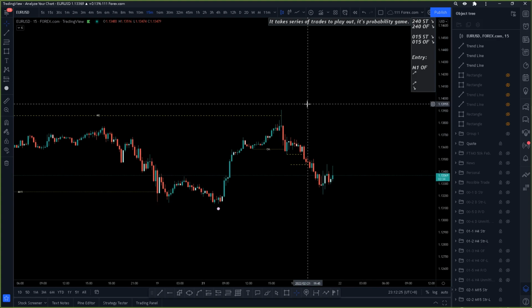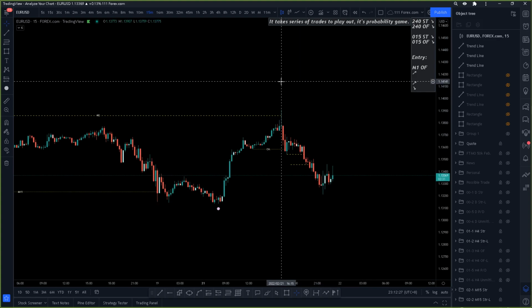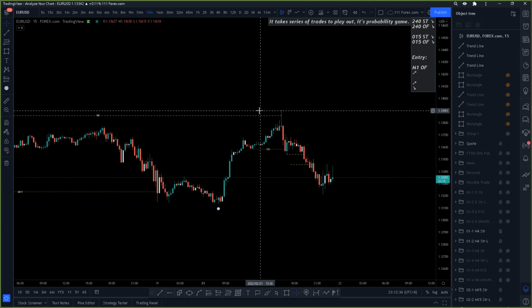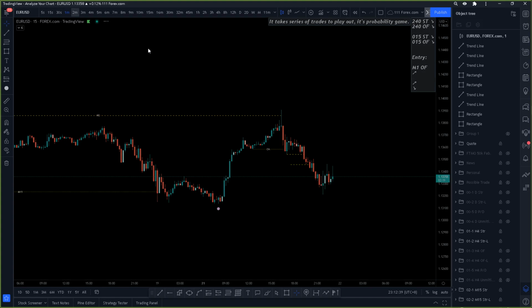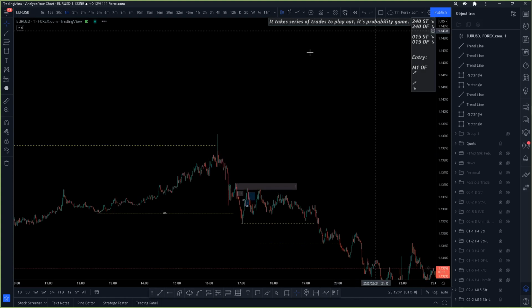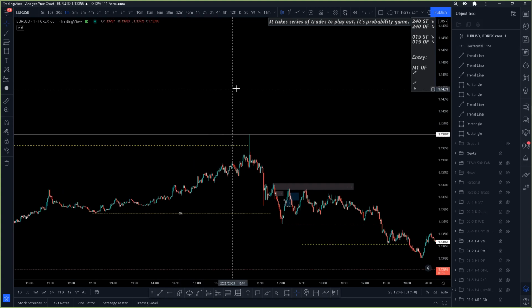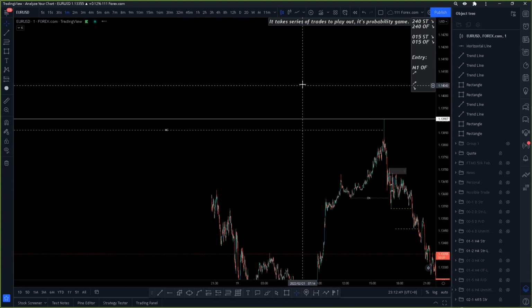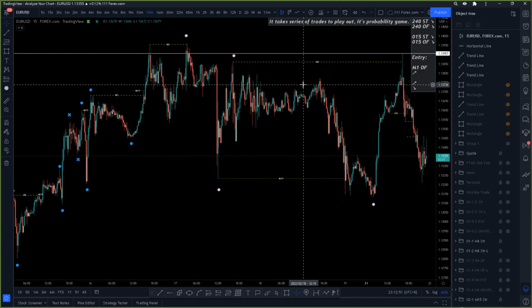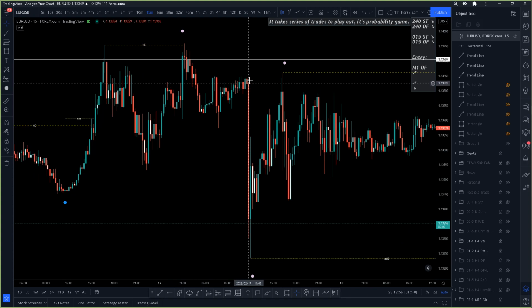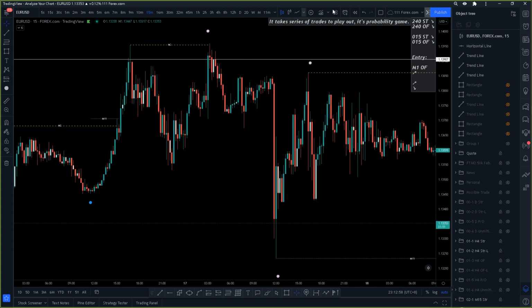So, trying to rationalize how can I enter this trade. 907, 907, 907. Like this area. Did I mark up? Oh, shitty one.